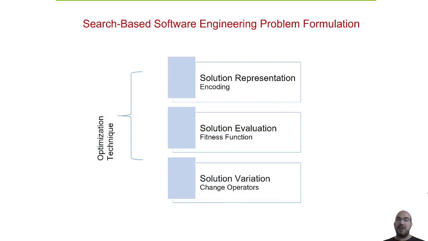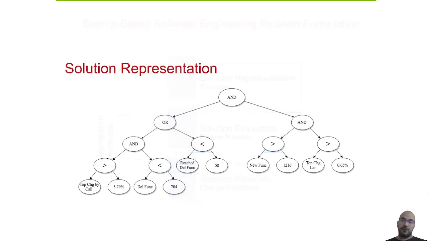As we have previously seen, to define a problem as a search-based software engineering problem, it's important to follow the following formulation. We have to define the solution representation for the problem, then how we evaluate the solution, and then how we evolve the solution. For the solution representation, our solution is clearly a decision tree, which is a combination of operands and, of course, leaves.